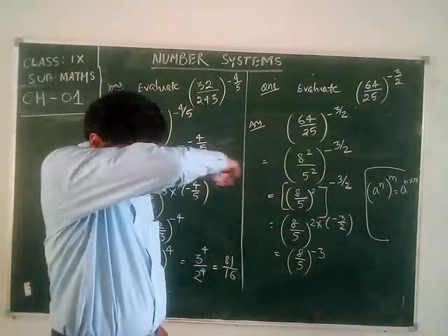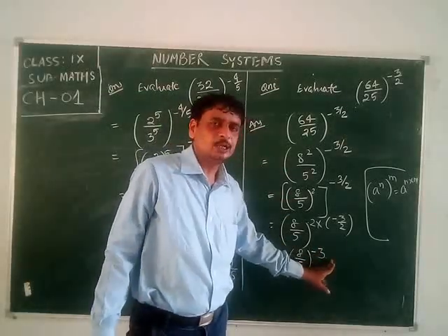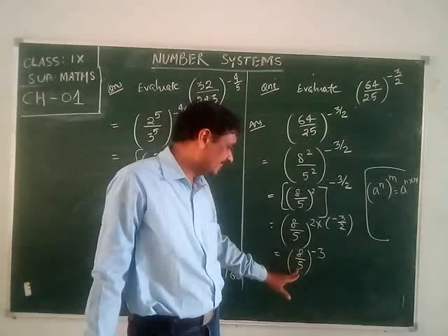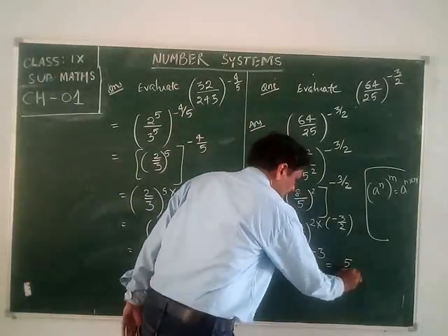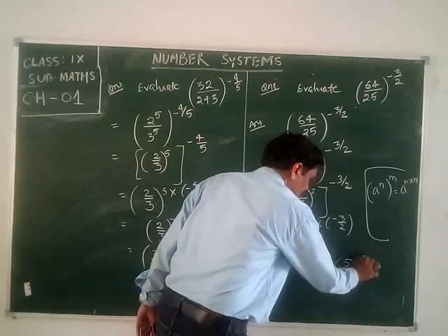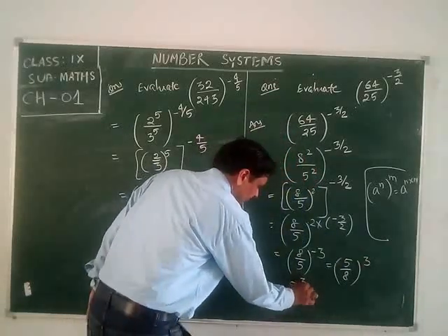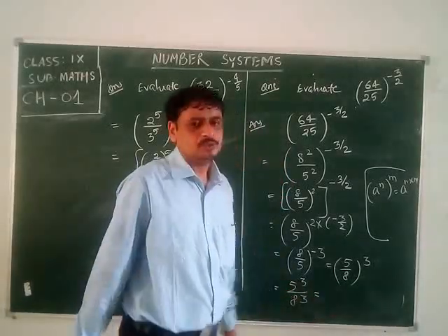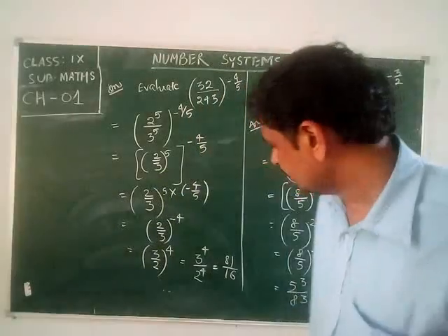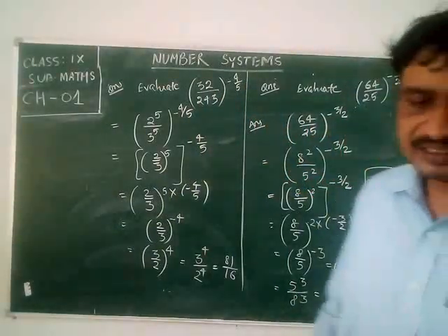Now this minus 3 can be changed into plus 3 when we write the reciprocal of this 8 by 5. It is 5 by 8 whole to the power 3, which can be written as 5 cube by 8 cube. 5 cube is equal to 125, and 8 cube is written as 512.